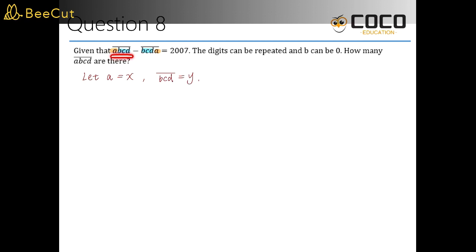So for the number ABCD, it is A000 plus BCD.